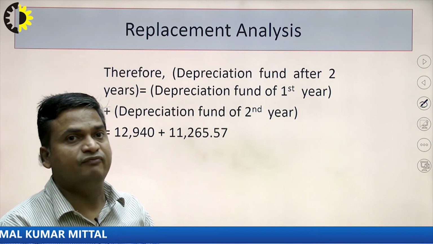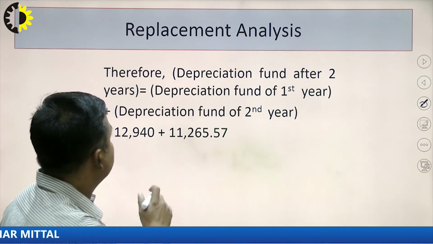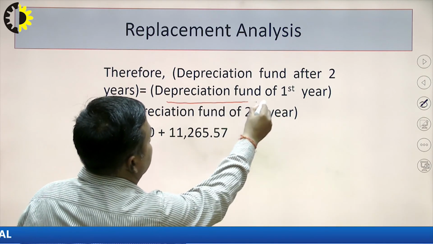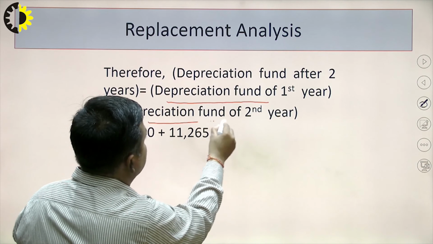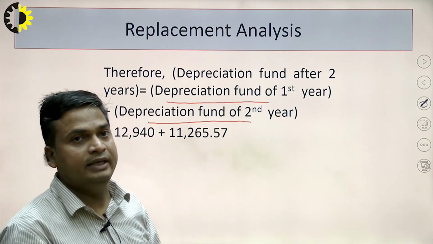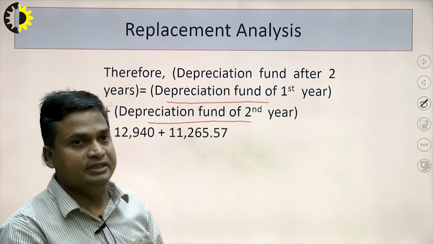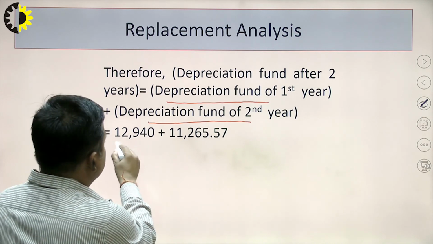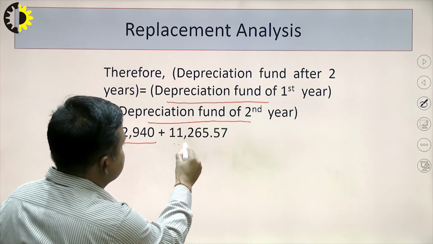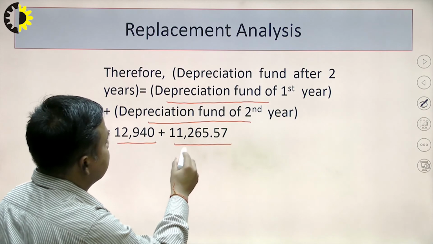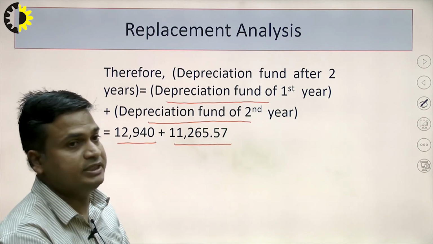Therefore, the depreciation fund after 2 years equals the depreciation fund of the first year plus the depreciation fund of the second year, meaning we have to add the fund for each year and it is changing. After the first year it is 12,940, and after the second year it is 11,265.57.